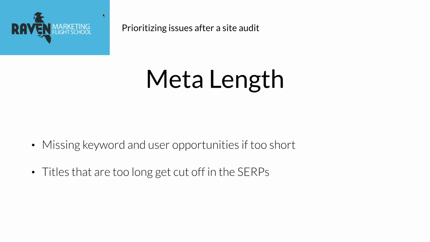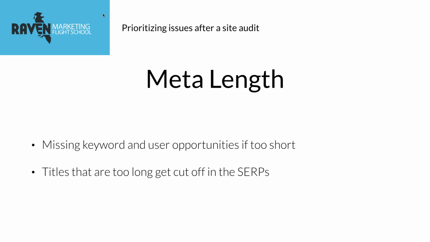These go down in severity. In regards to length, the issue is that if you're doing a title or a meta description that is too long, it's going to be cut off in most cases. And it might be cutting off the thing you really wanted to say, or the keyword phrase that you wanted to emphasize.